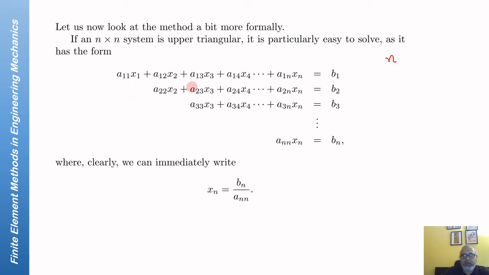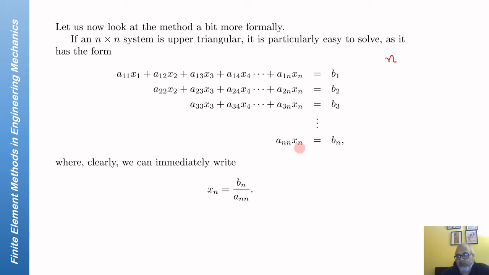A21 is 0, and then you have n minus 1 terms, n minus 2 terms, and finally you have only one term in the nth equation. And this is an upper triangular matrix written in extended notation.